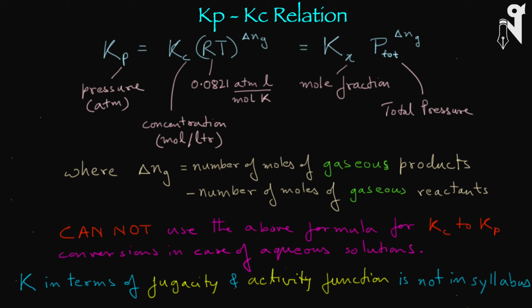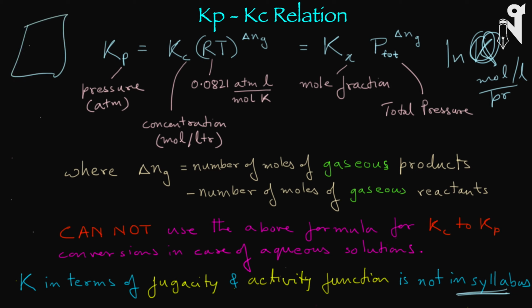And why I need to tell you this is because when we are doing electrochemistry next year, what you'll be seeing is that in the log, when we write the K or the Q value, the Q value will have concentrations as well as pressures, because there would be gases in equilibrium with the ions, say H plus ion and H2 gas.